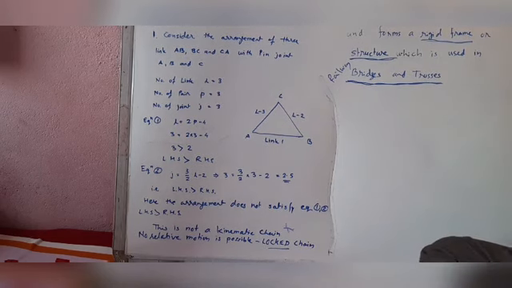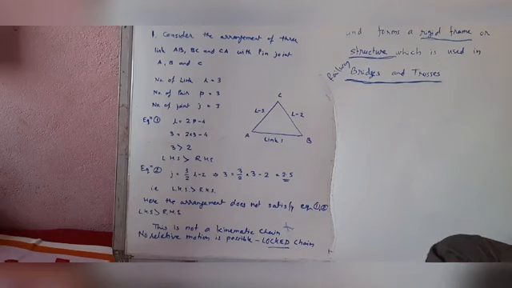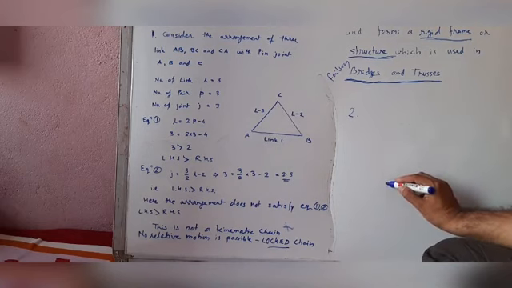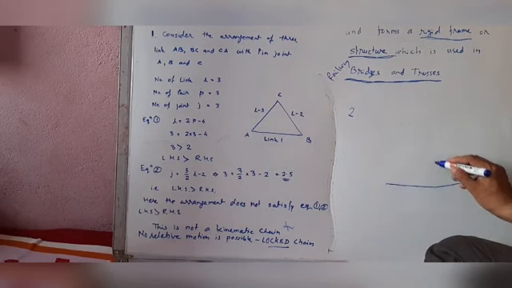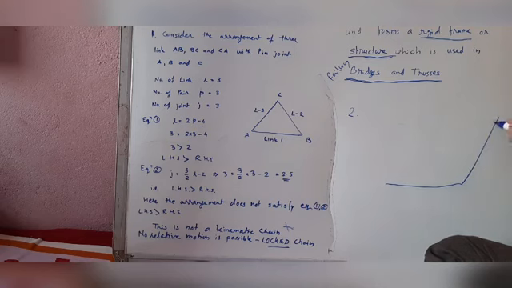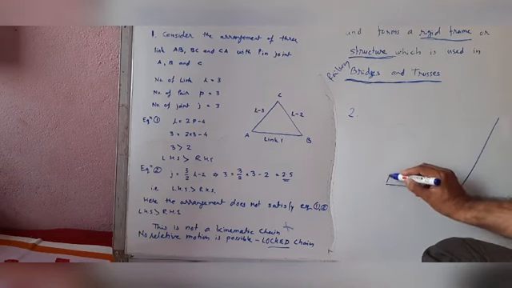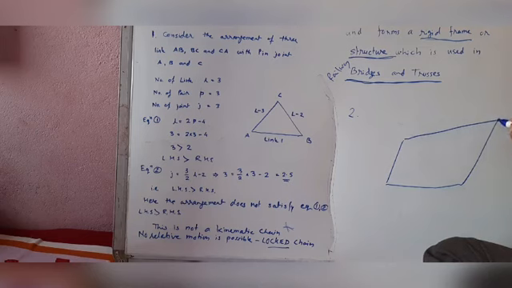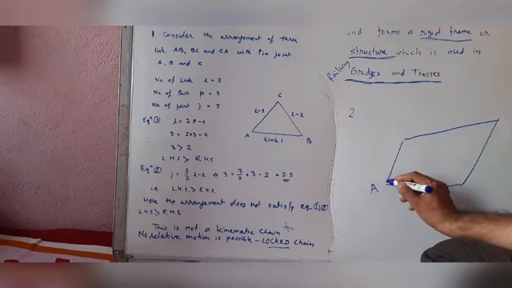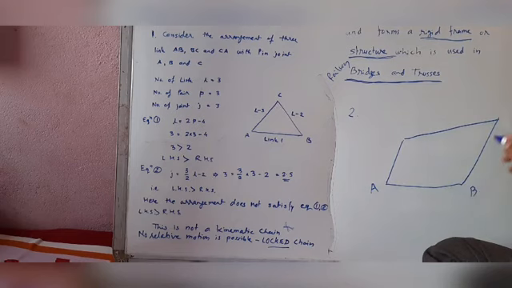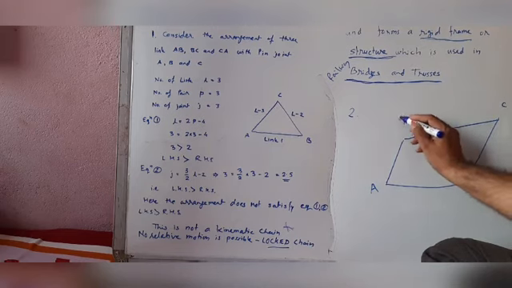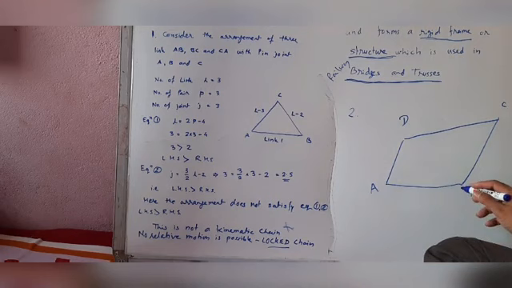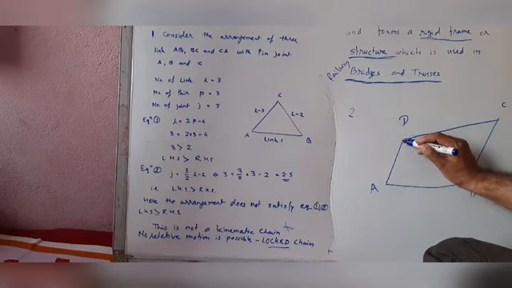Now we will consider the arrangement for 4 links: AB, BC, CD and DA.